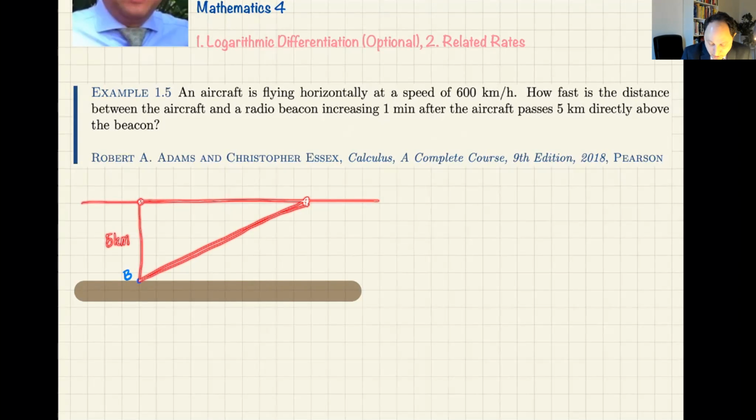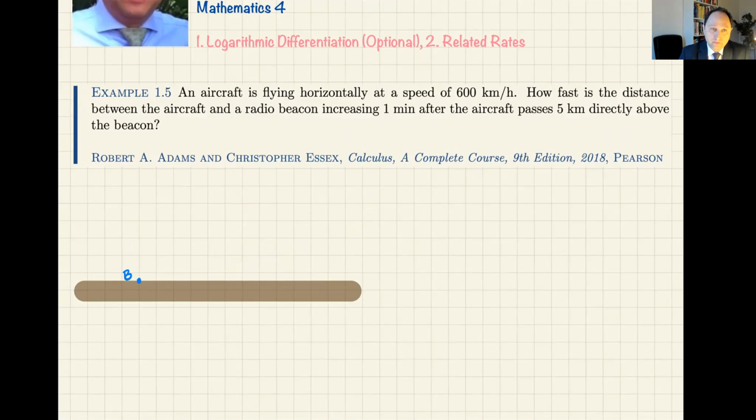But of course, this airplane continues moving and the distance is increasing. You see, this length is increasing. We want to see how fast this length is increasing. Is the question understandable somehow? To me, it's understandable. Okay, good.